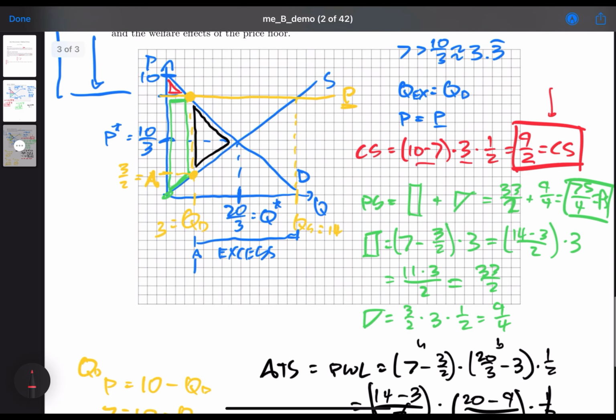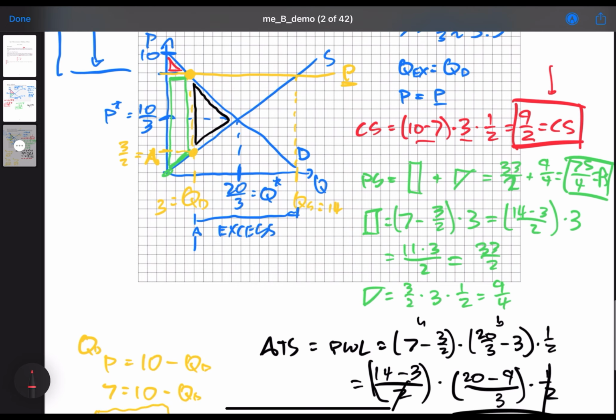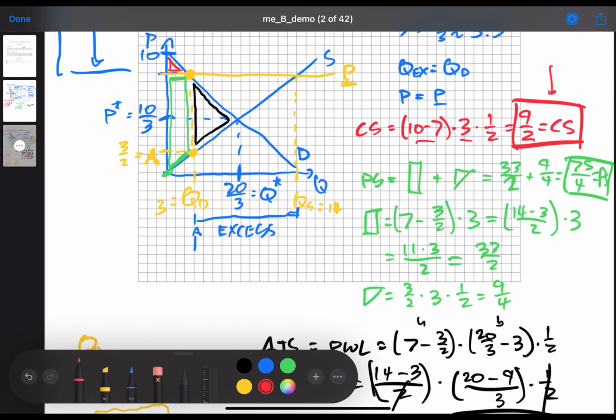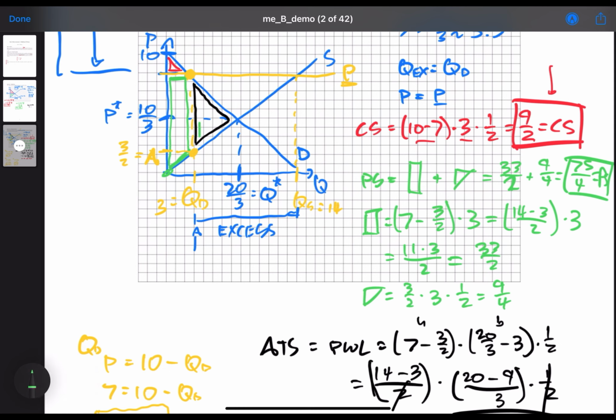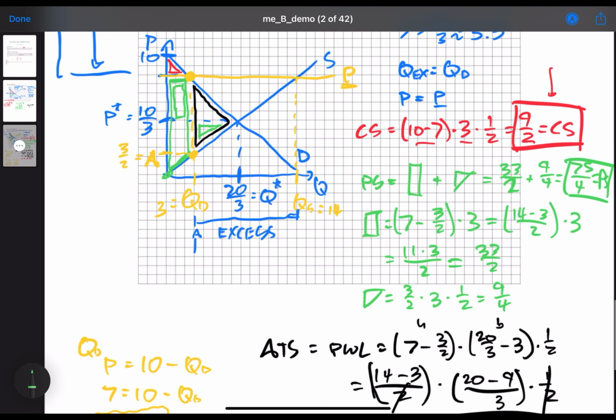Producer surplus, on the other hand, is more complicated. We've lost part of our surplus. We lost this bit, which used to be part of producer surplus, but now it's deadweight loss. We've lost it, but we've also gained this amount from consumer surplus. So consumers have lost a lot here, but producers have this mixed effect. Some total surplus has been gained and some has been lost.